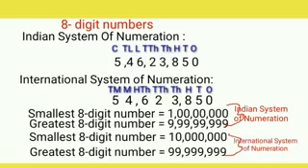And in the international system of numeration, the smallest 8-digit number would be 10 million. The greatest 8-digit number would be 99 millions, 999 thousands, 999.